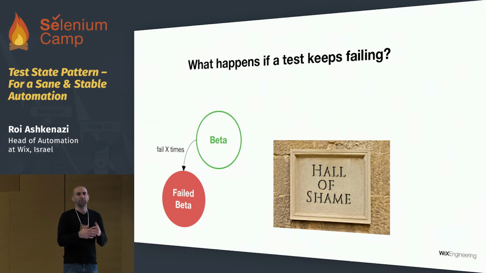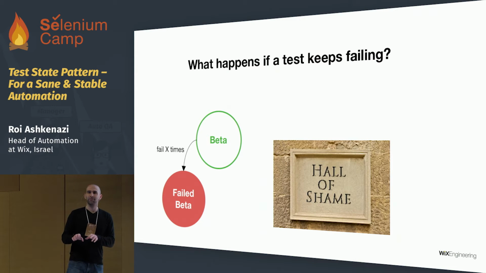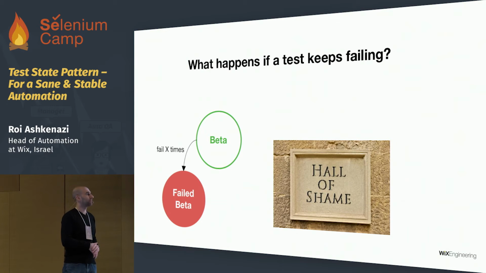They will not continue to run as usual. They will run on the side, and every owner, the person who wrote such a test, will get a notification: your test is failing, please fix it. It's quite important. Don't just push and run, but make sure your test is good.